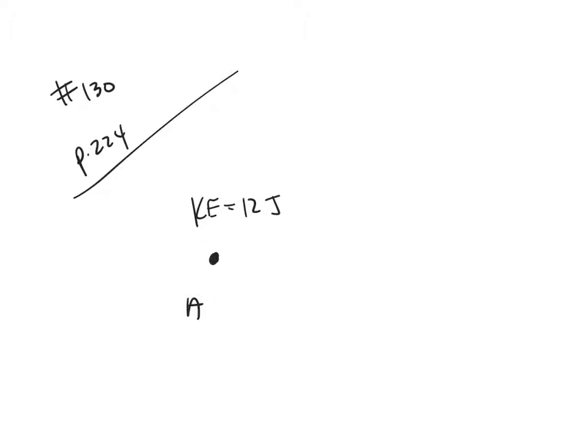So maybe we'll put point B right here, and we're told that at that location, the potential energy is 25 joules. Then it says at point C, the potential energy of the system is 5 joules. So it's got to be lower at point C. So maybe I'll put it down here for now, and the potential energy is 5 joules.